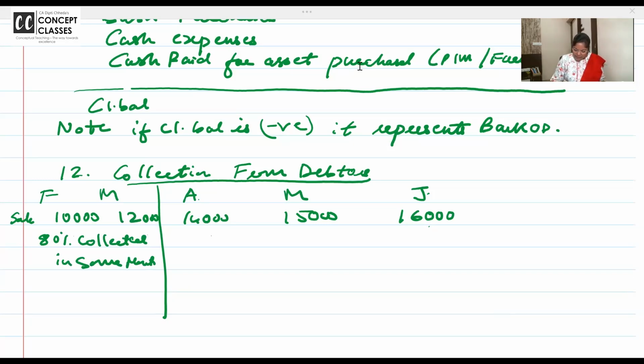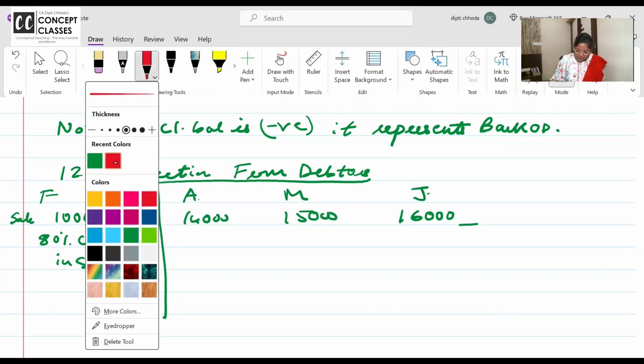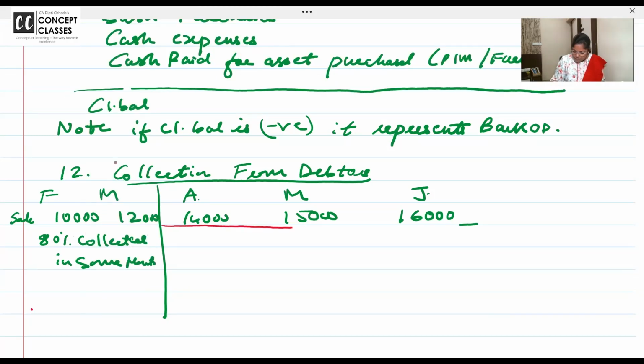Can we go ahead? 14,000 का 80%. 80 परसेंट कितना आता है 11,200. 15,000 का 80%. 12,000. 16,000 जून का 80%. This is collect as it is.